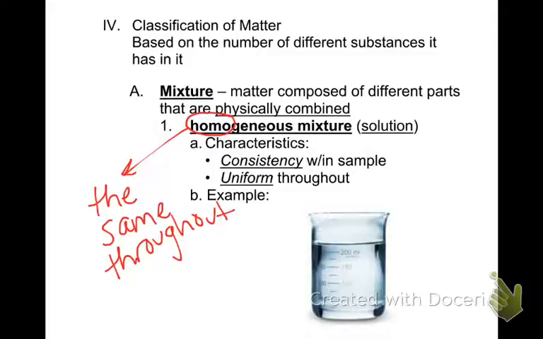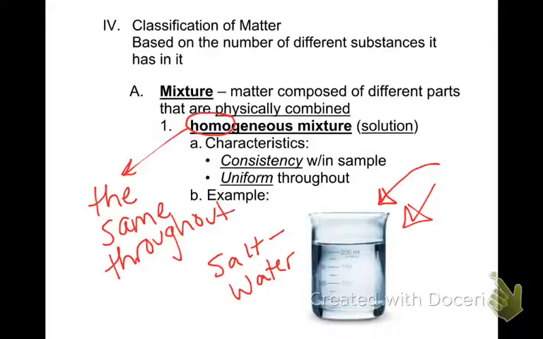Now, what is an example? An example would be our salt water, which we have right over here in our beaker. So, now, how do we know that salt water is a homogeneous mixture? Well, it's basically a mixture because we had to physically combine the salt and the water together. We had to put the salt into the water itself and then stir it around.